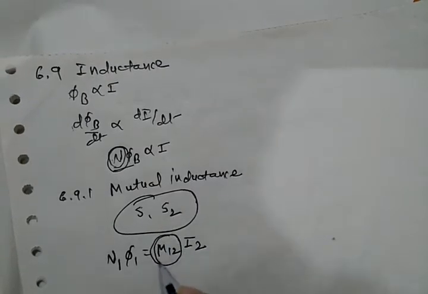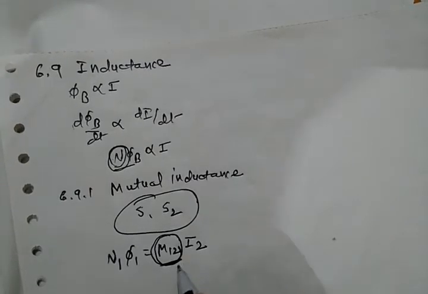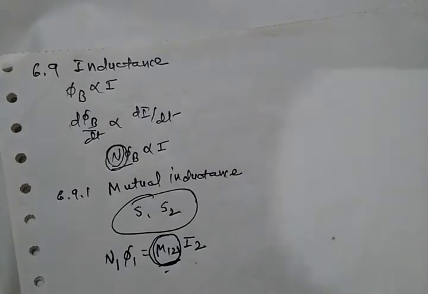Here M12 is called the mutual inductance of solenoid S1 with respect to solenoid S2, the coefficient of mutual induction.